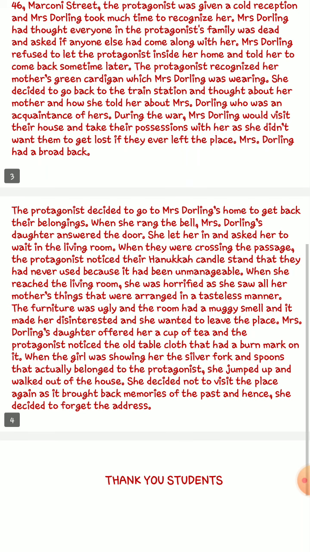There is a possibility she might come back again because her mother's prized possessions were inside the house. So maybe she will come back again to see them one more time. There lies the emotional bond that she had with those things. She desperately tried to snap it, to break it all, but that emotional bond still lingers.